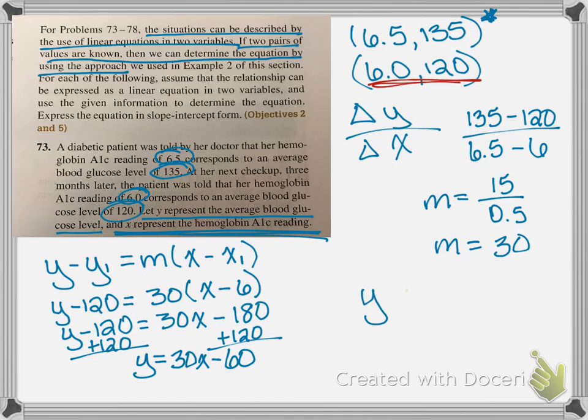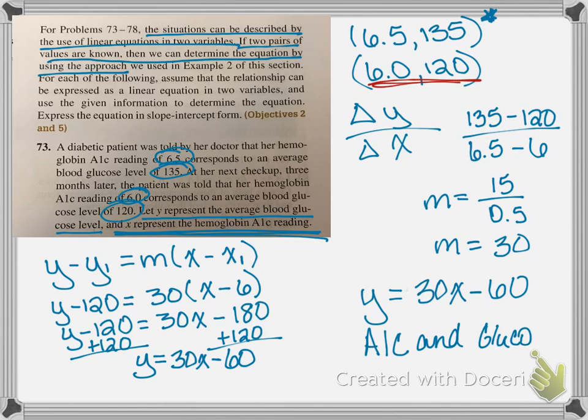And what that tells me is this is the linear relationship between your A1C values and average glucose values. That is what that's telling me. Okay? So this right here is my final answer.